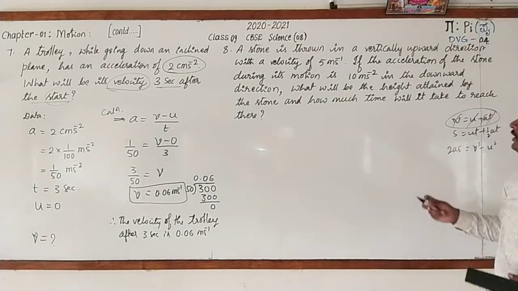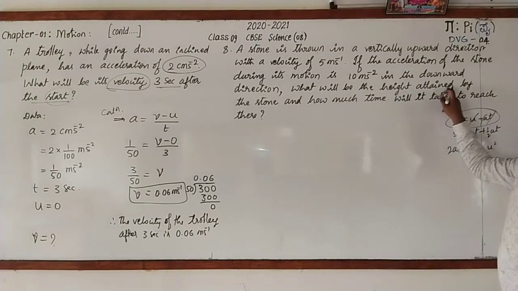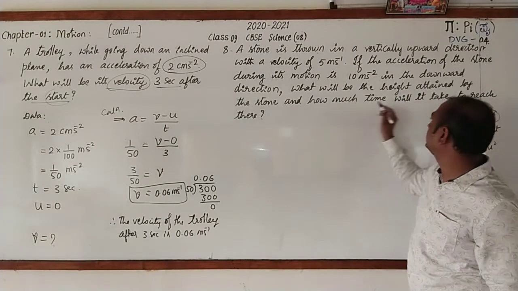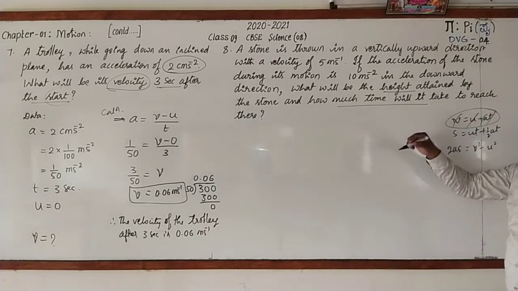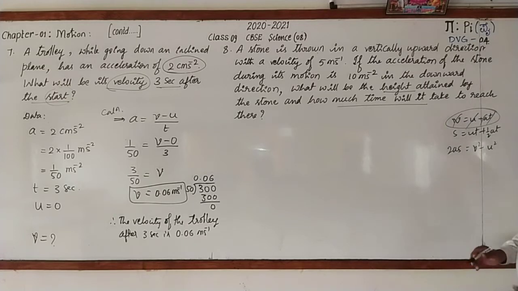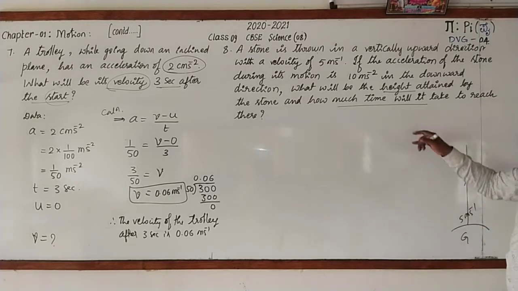Got it? Then what will be the height attained by the stone, and how much time will it take to reach there? See that here it is the ground, and you are throwing the stone with a speed of 5 meter per second.